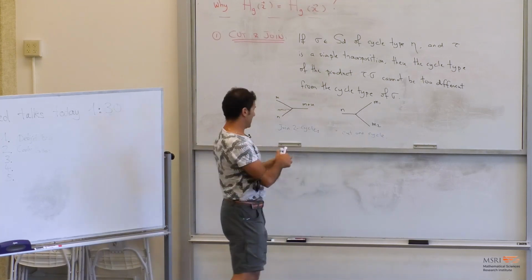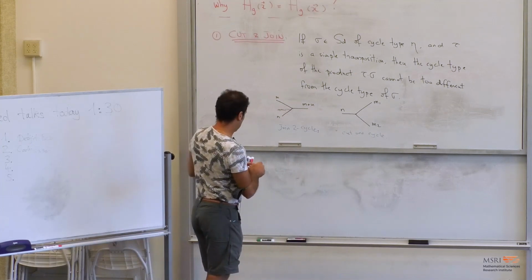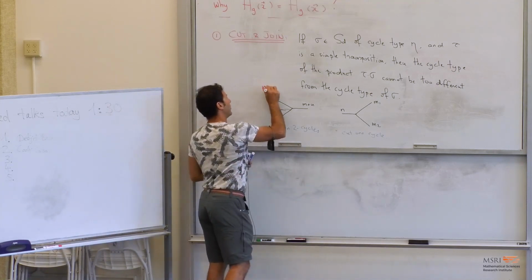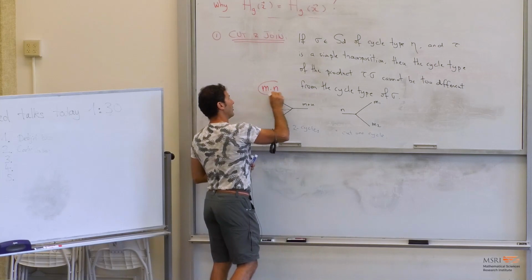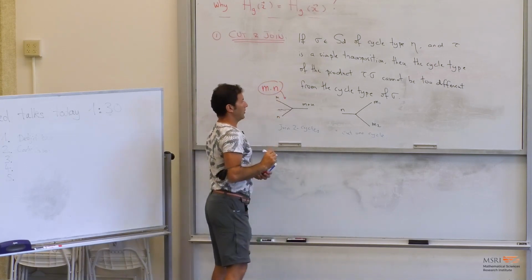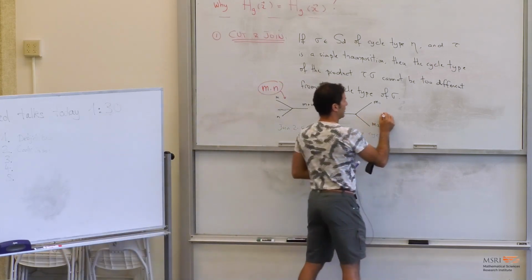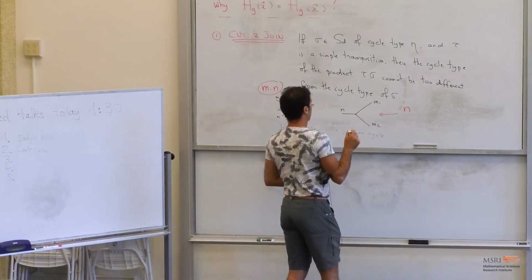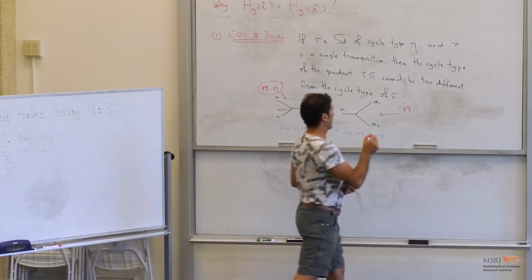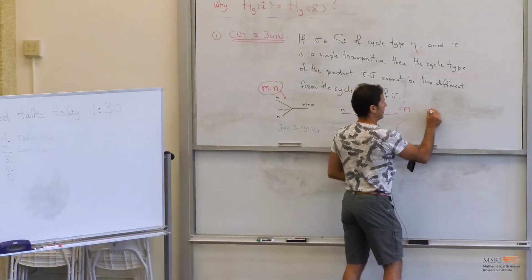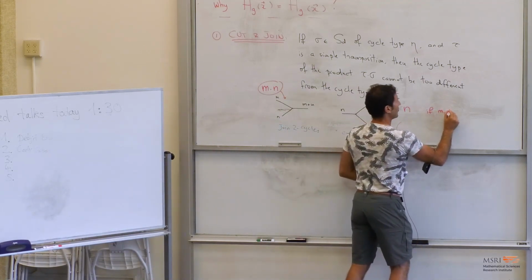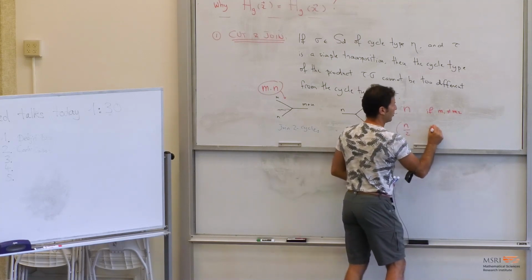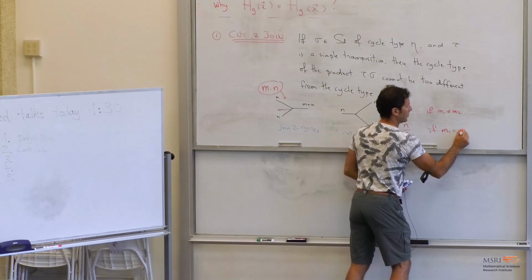This is happening m times n times for the join, and m times for the cut, unless m1 is different from m2, and this becomes m divided by 2 if m1 is equal to m2.